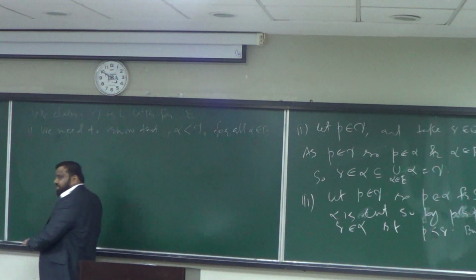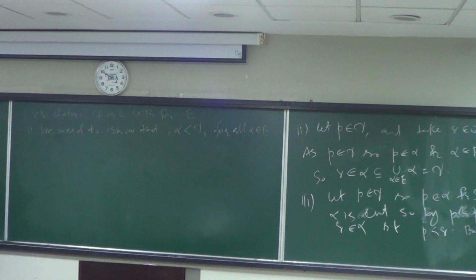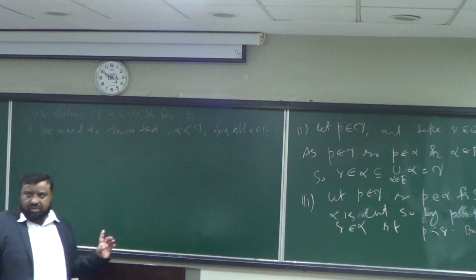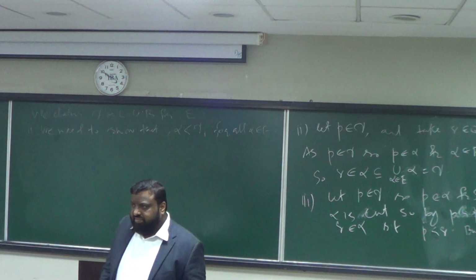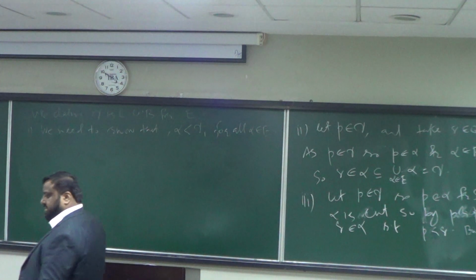How are we going to show that? What this first part is going to show is that this gamma is really an upper bound for E. So how should we show that?